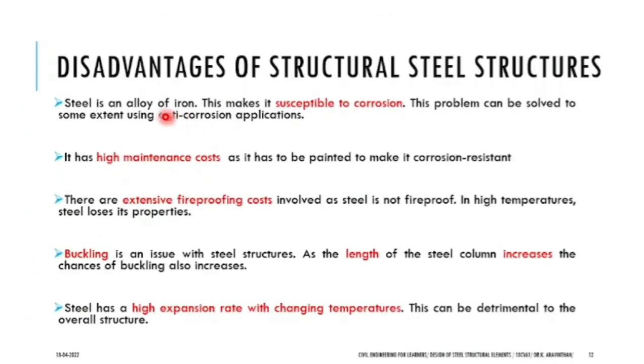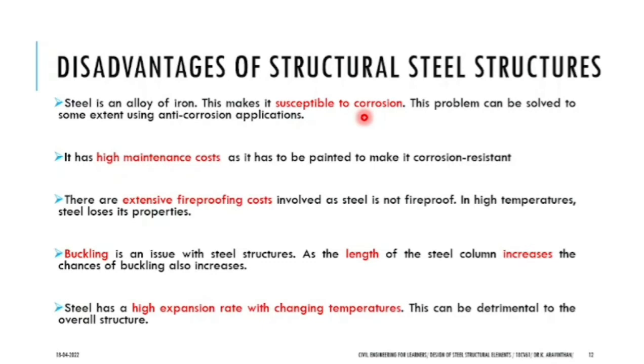Since it is an alloy of iron, it is susceptible to corrosion. All the structural steel, you have to maintain either by making precautions or by painting. So you have to do constant painting, and it can deteriorate due to the environmental condition. Humidity is the key factor in steel structure.